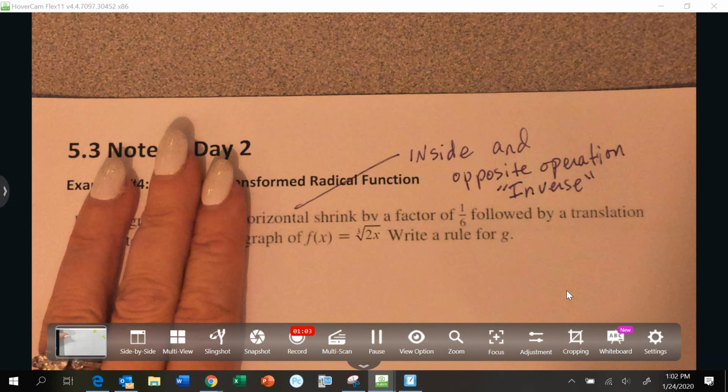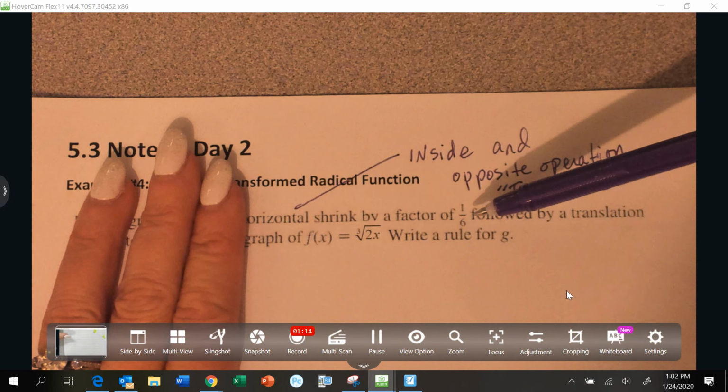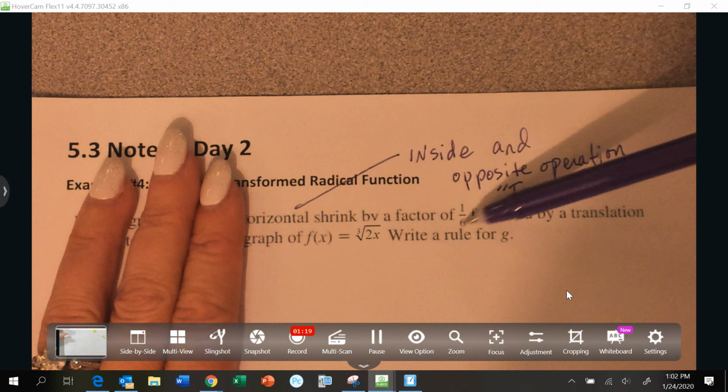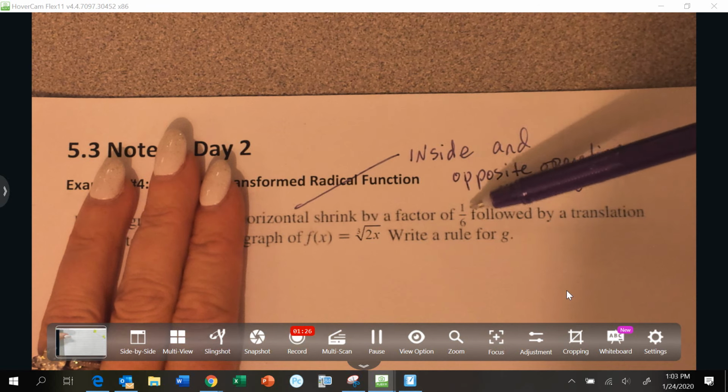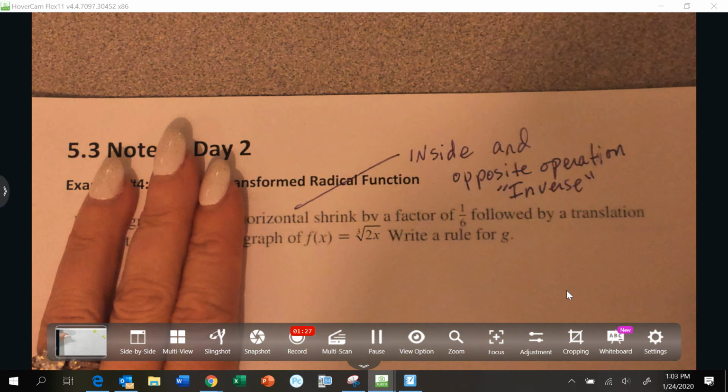So like how you turn this to 1. So instead of divide by 6, those are inverse operations. That's what 1/6 is, by the way. That's dividing by 6. Over 6 to multiply. But they're inverse operations.